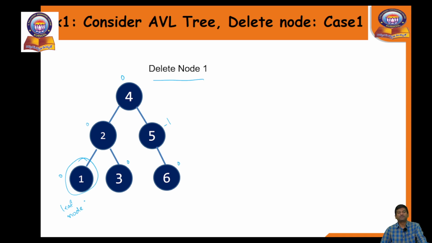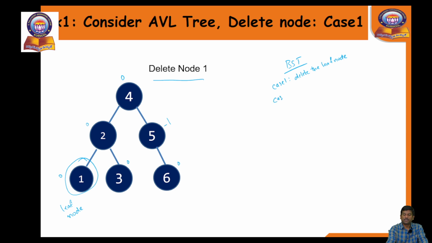If you recall the property of the binary search tree, in case 1, deleting the leaf node, you can directly delete it because it does not contain any subtrees. Then make the parent's left child equal to null, or if the leaf node is a right child, make the parent's right child null. That is case 1.